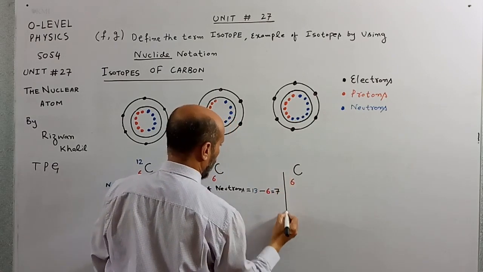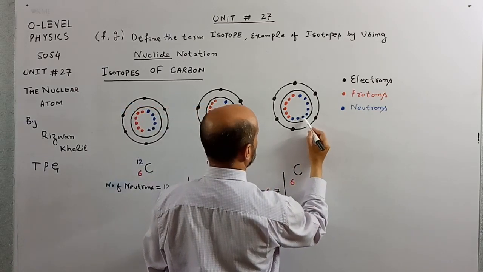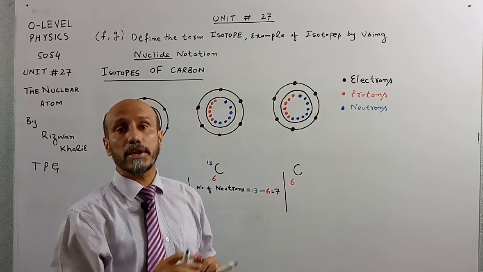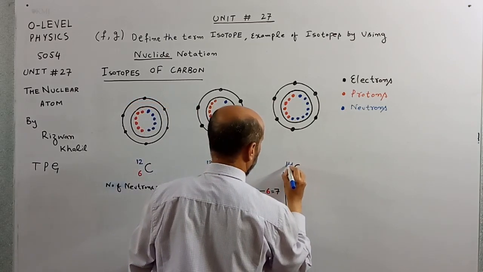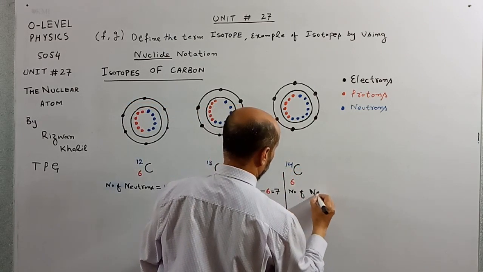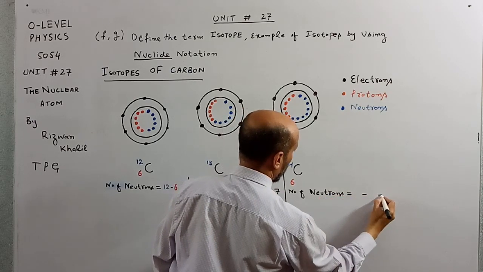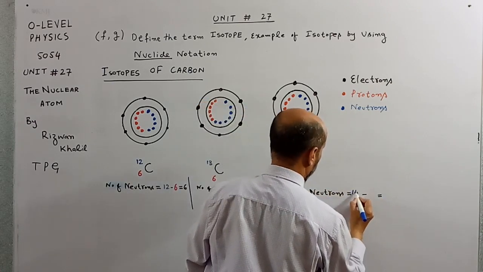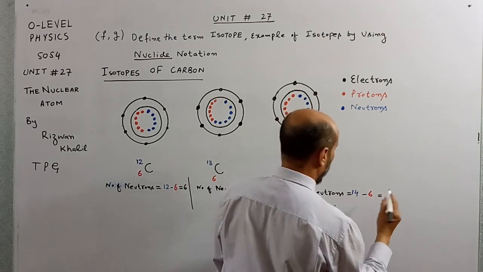In the third example, how many neutrons are there? 1, 2, 3, 4, 5, 6, 7, 8. So 8 plus 6 is equal to 14, and the number of neutrons is 14 minus 6, which is equal to 8.